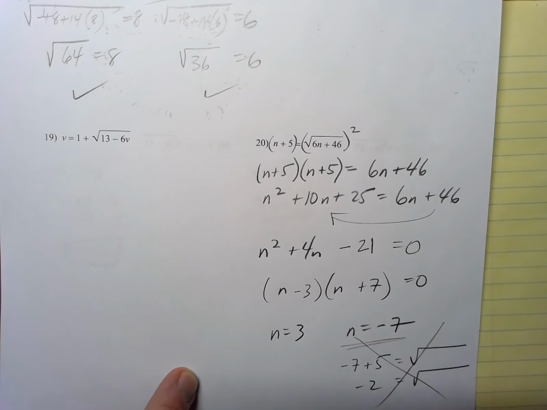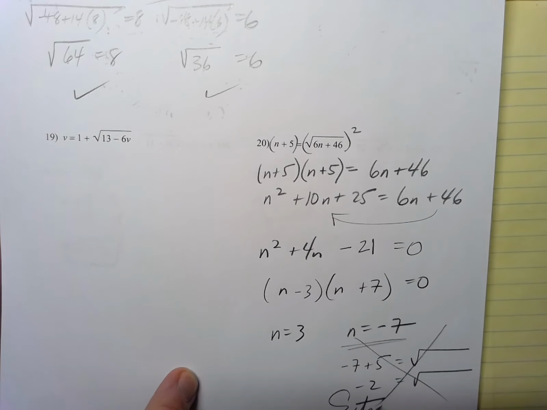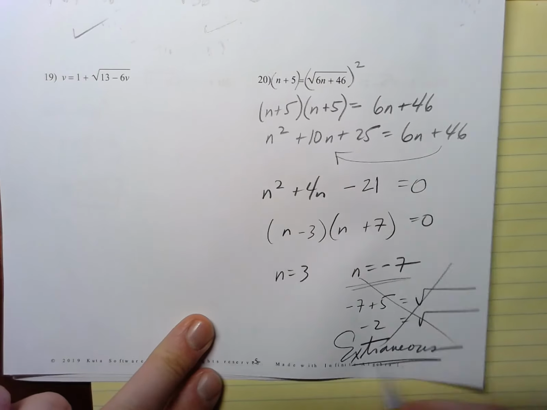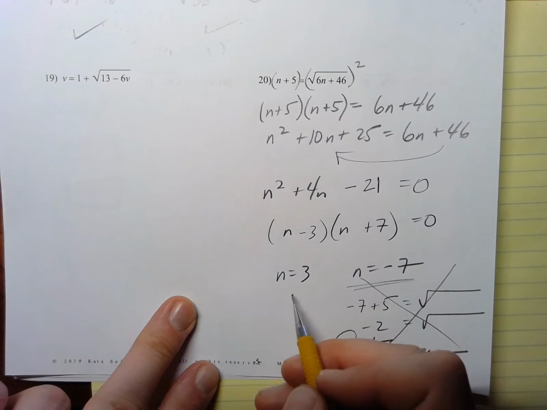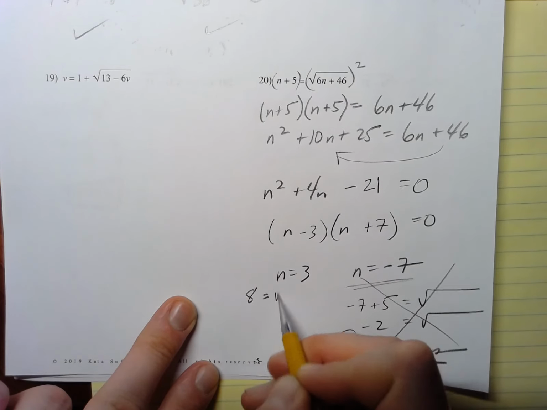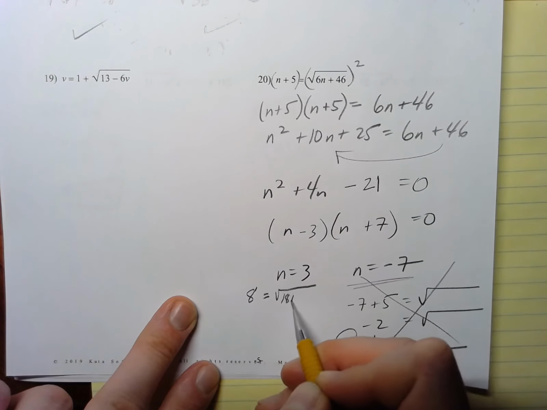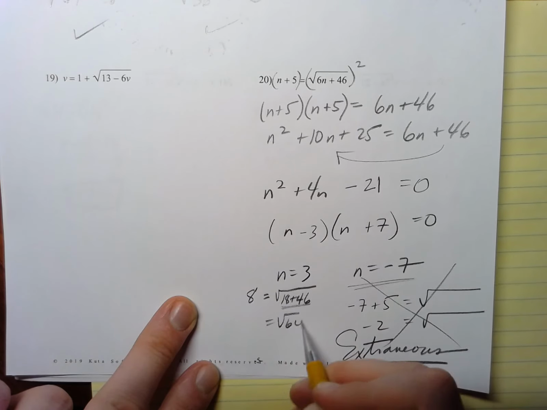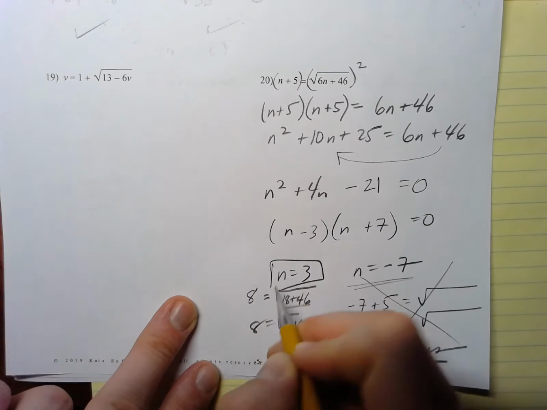That doesn't work, so that one is extraneous. This one, 8 equals the square root of 18 plus 46. That is 64. That does equal 8, so that one is good.